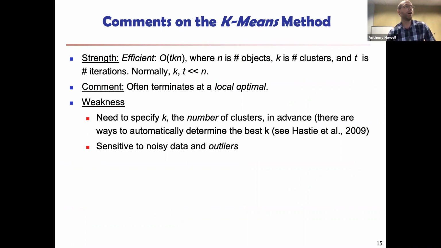Okay, so with some of the more advanced algorithms, the iteration will automatically select the best number of clusters to fit your data. The other weakness is that this method is extremely sensitive to noisy data, and especially to outliers, which can really have an influence on the shape and the size of the cluster.